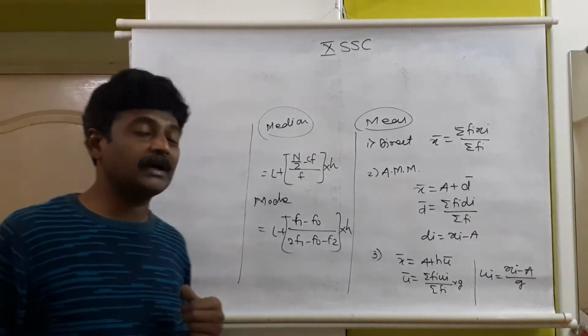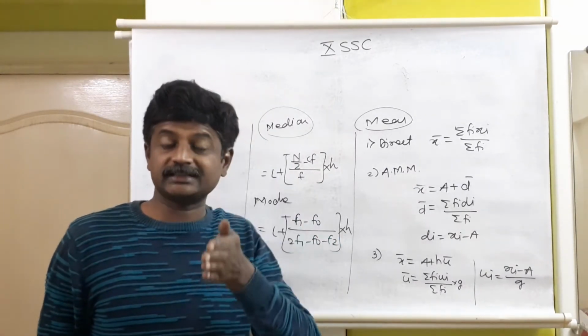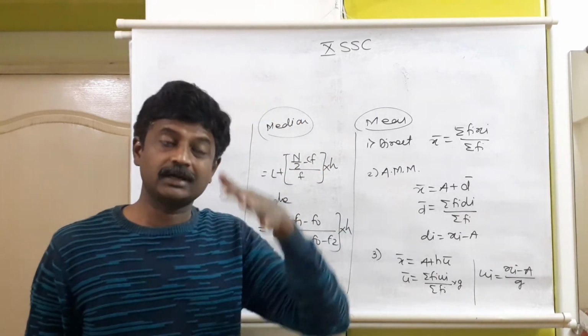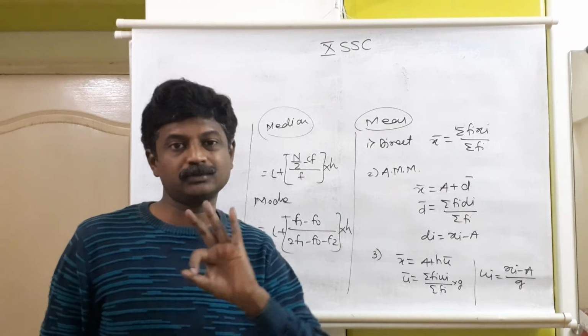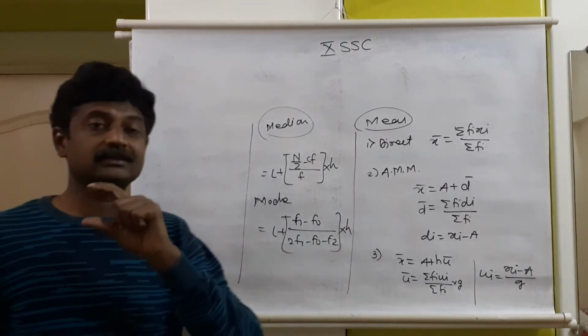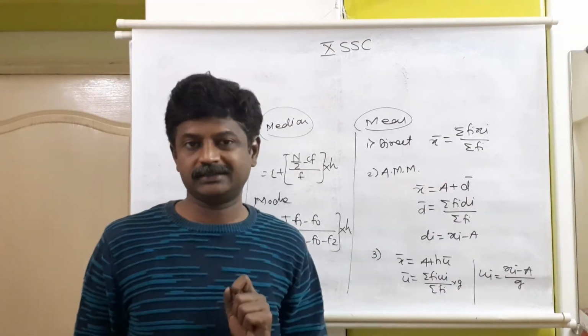Then, as with the median, we need to have continuous classes. So first the classes will come, then if the classes are not continuous, in the second column continuous classes will come, then the frequency as given. So only three columns will be there. Then we have to find the modal class. The maximum frequency class is nothing but the modal class.